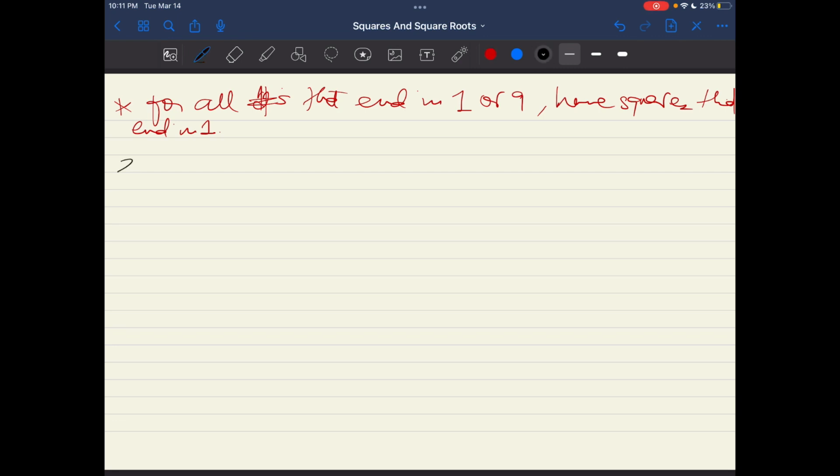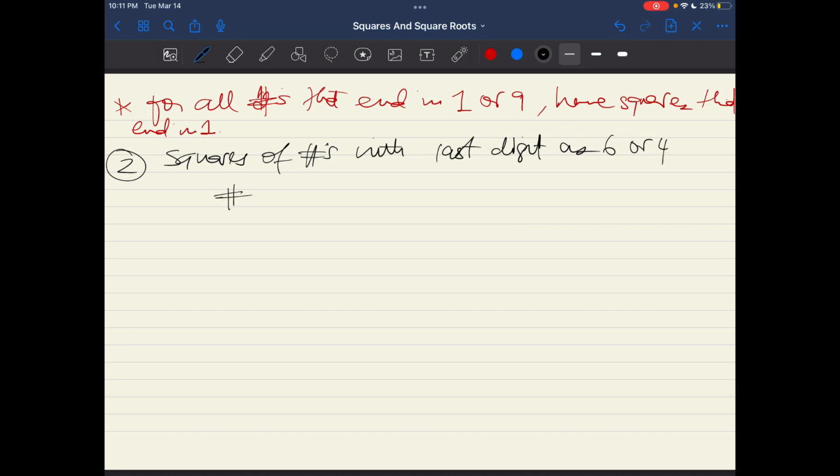Okay, now let's look at the squares for numbers whose last digit is either 6 or 4. So now we're looking at squares of numbers with last digit as 6 or 4.